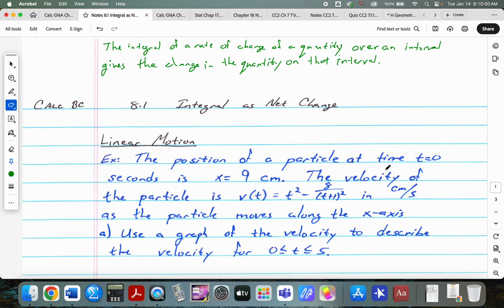Now, the way that the fundamental theorem says that basically is that the integral from a to b of f prime of t dt is equal to f of b minus f of a.